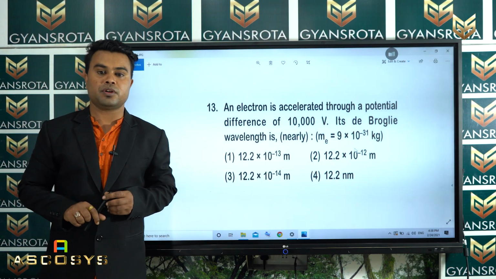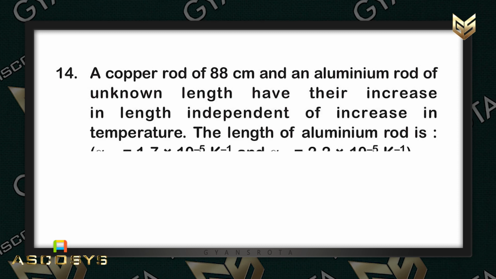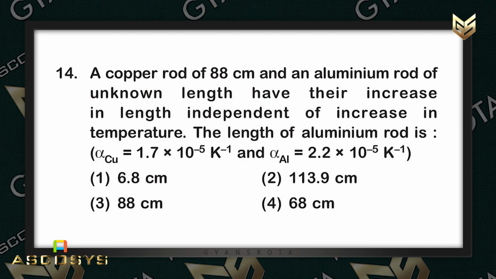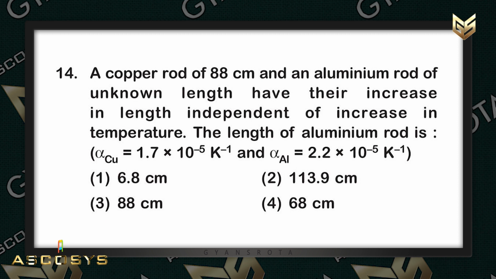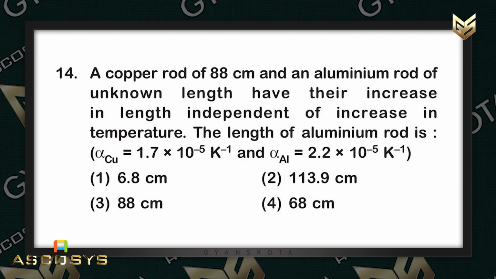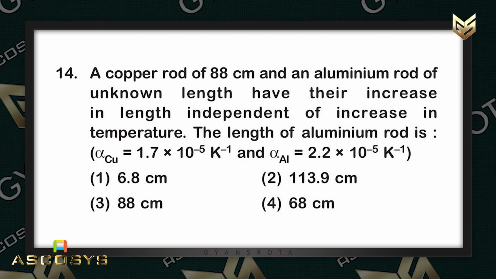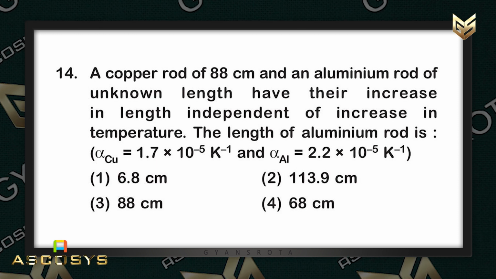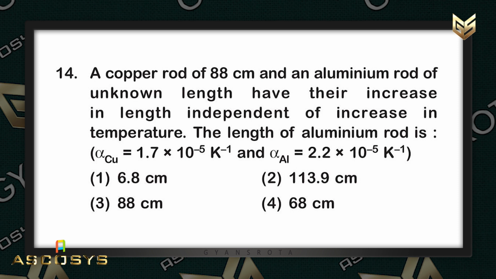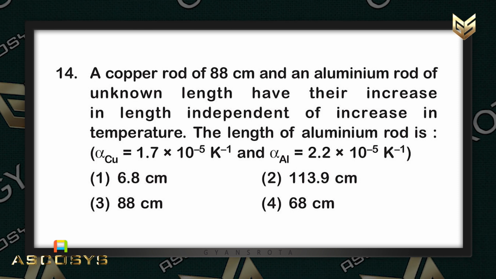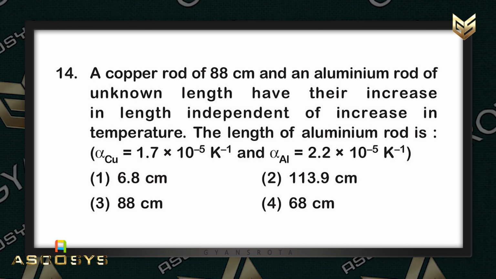Let us move to question number 14 now. A copper rod of 88 centimeter and an aluminum rod of unknown length have their increase in length independent of increase in temperature. The length of aluminum rod is, you need to calculate the aluminum rod. Your temperature coefficient of aluminum as well as for copper is supplied to you.